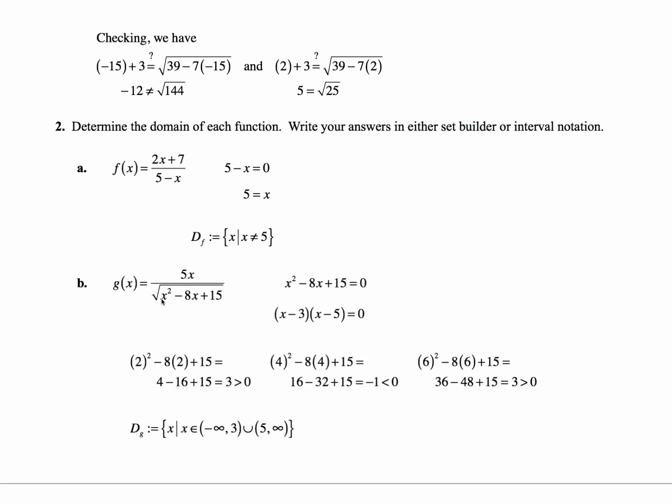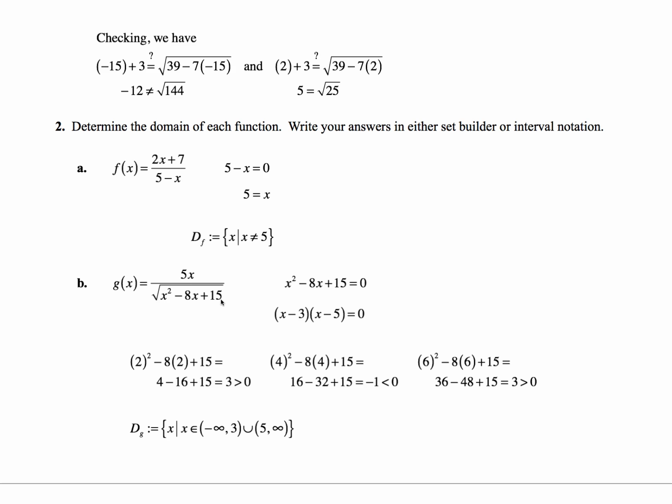In this case, we're looking for included values. We're looking for everything that is in the domain, and that's everything that makes the inside of the radical non-negative under normal circumstances.